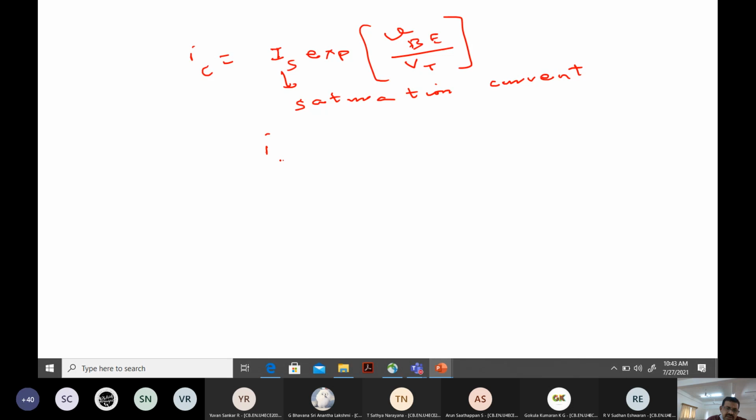IS is given by, you have to see, this is a saturation current.